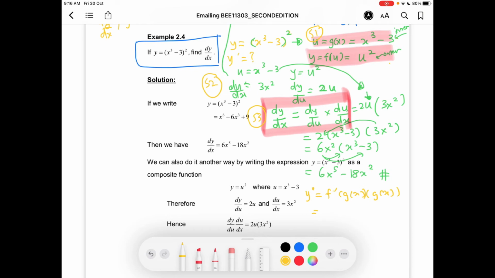So we know that f prime is actually y prime here. It is basically the same thing. You need to identify which one is the inner and which one is the outer. From this information, you can straight away plug in over here. So the outer function is f prime, which is u squared.